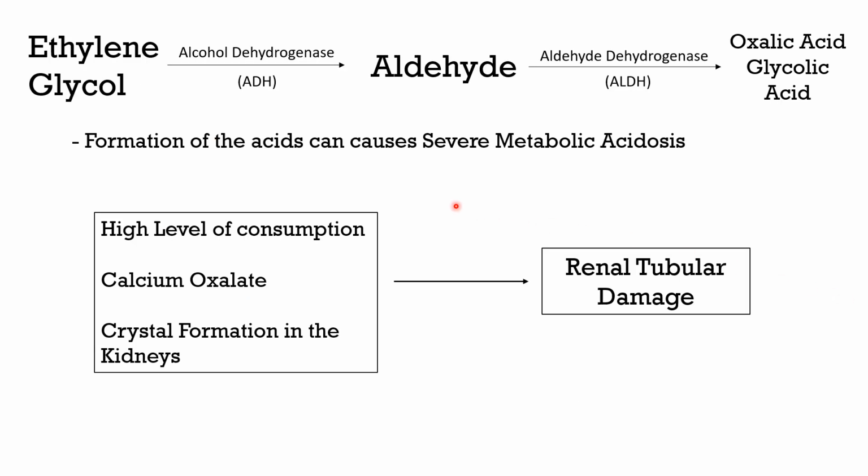The formation of the acid can still produce severe metabolic acidosis. And high level of consumption can form calcium oxalate, CaOx. We can see CaOx and also crystal formation in the kidneys in the urinalysis, which could cause renal tubular damage.